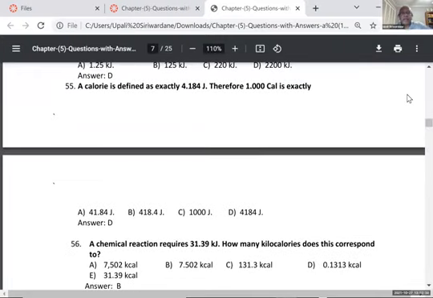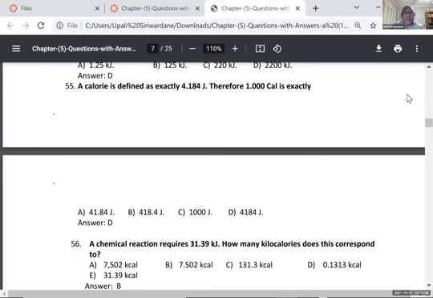A calorie is exactly 4.184 joules, the conversion factor. Therefore, 1000 calories is 1 kilocalorie, which is 1000 times more.